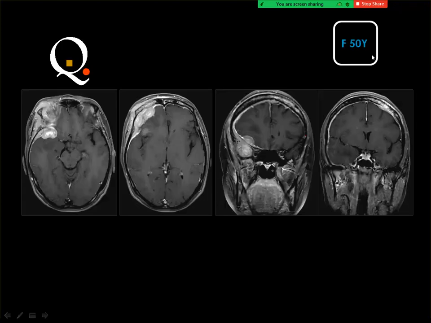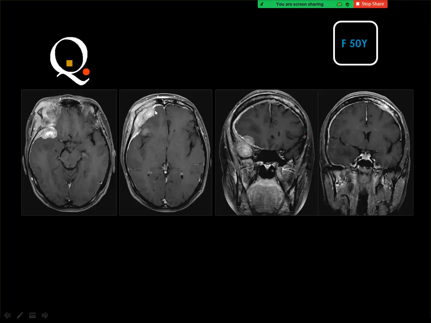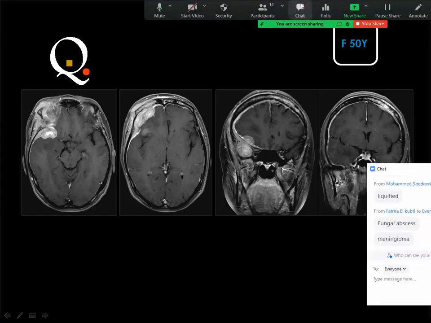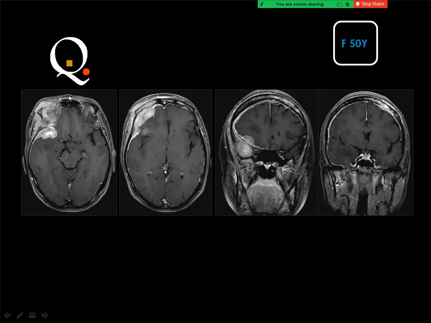Next case is a female patient, 50 years old, with a lesion that is based to the dura, is homogeneously enhanced, and it looks as if it is infiltrating the calvarium, because you see a high signal and enhancement in the bones.